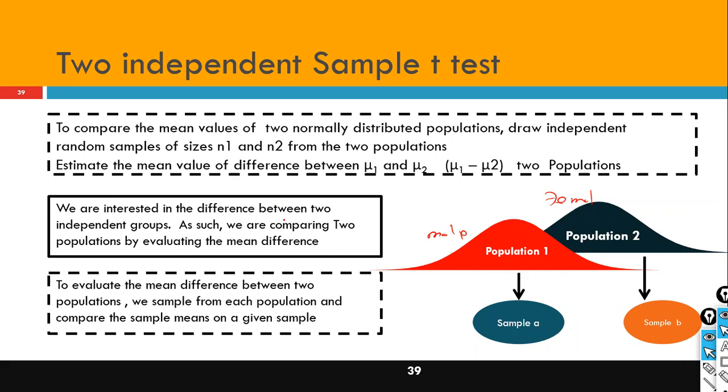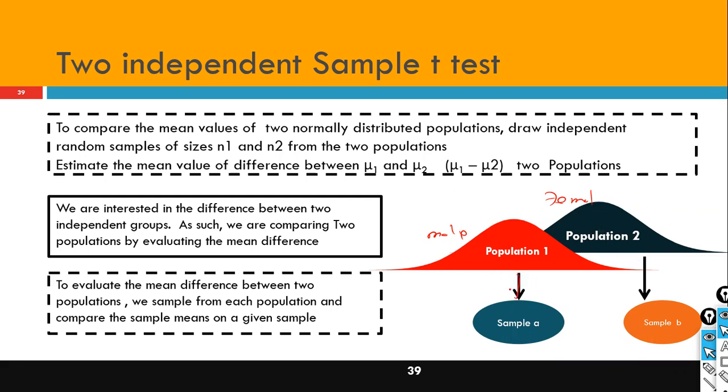So we are interested in the difference between two independent groups. If you subtract the amount spent by the male and the amount spent by the female, and you get 0, then there is no significant difference. Obviously we cannot take the entire population data of both male and female.